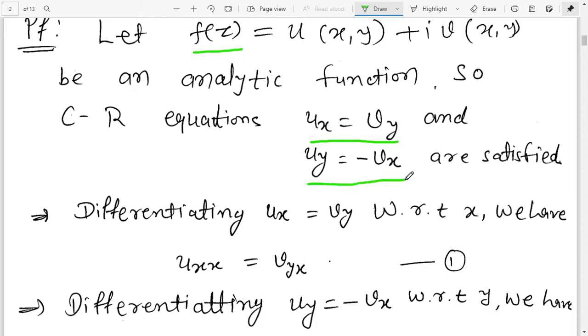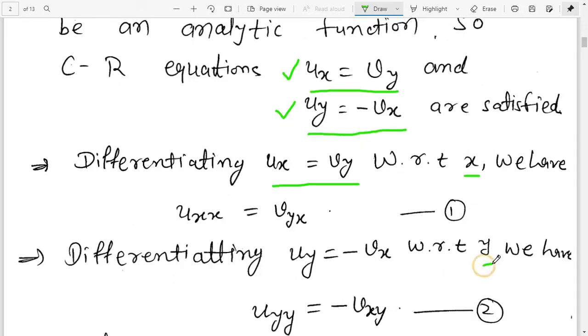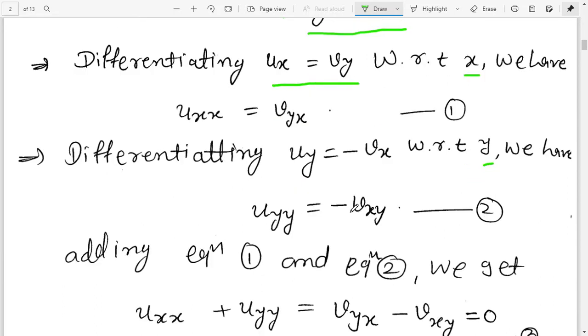equal to minus vx. Now differentiating ux is equal to vy with respect to x, we have uxx is equal to vyx, equation number 1. Now differentiating uy is equal to minus vx with respect to y, we have uyy is equal to minus vxy.